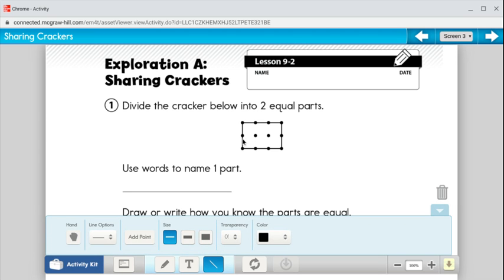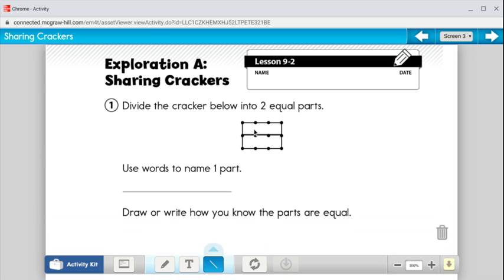We're going to take our line and draw it connecting these dots here. So that's 2 equal parts right there. The first part up here has 1, 2, 3 little squares, and this part down here has 1, 2, 3 little squares. So that is 3 little squares for one person and 3 little squares for the other person. We have now split that into 2 equal parts.